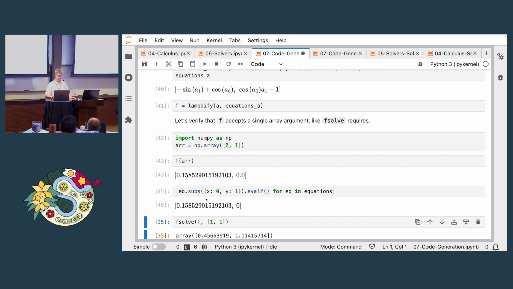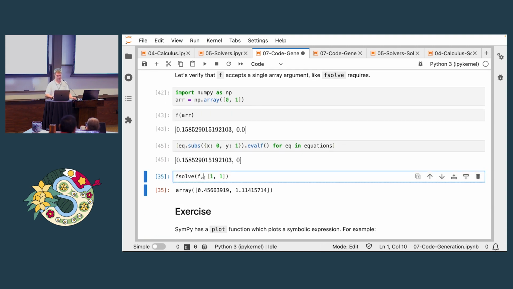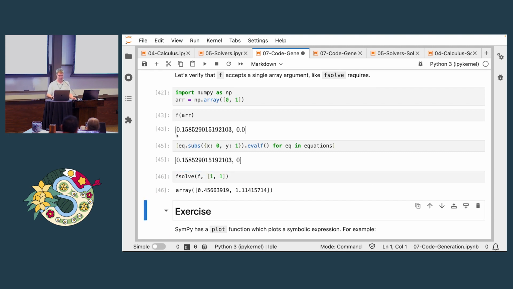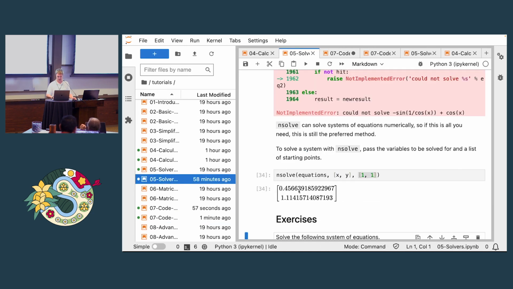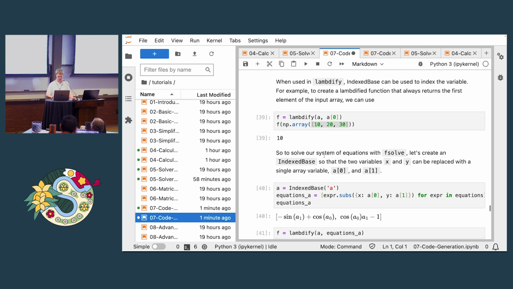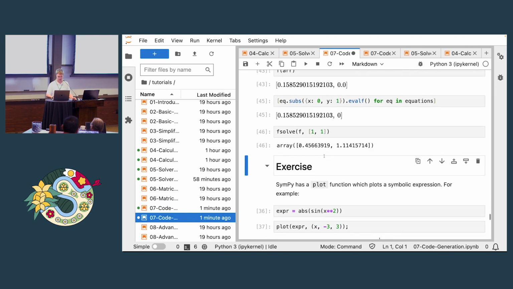So yeah, you can see this is evaluating the same equation. Now we should be able to pass this lambdified function to fsolve. And if we go back to here, this should be the same solution that we found with nsolve, 0.45 and 1.11.